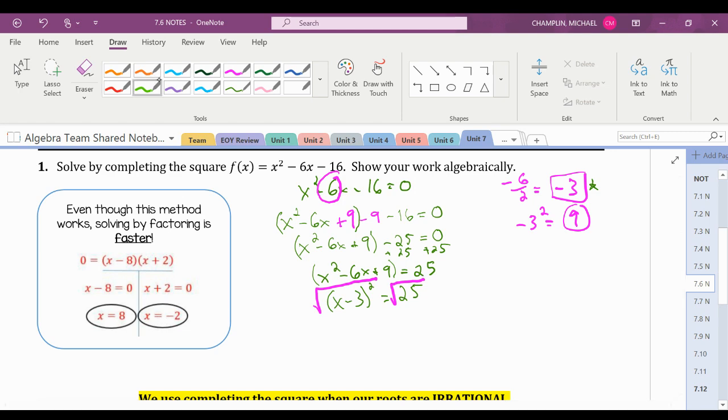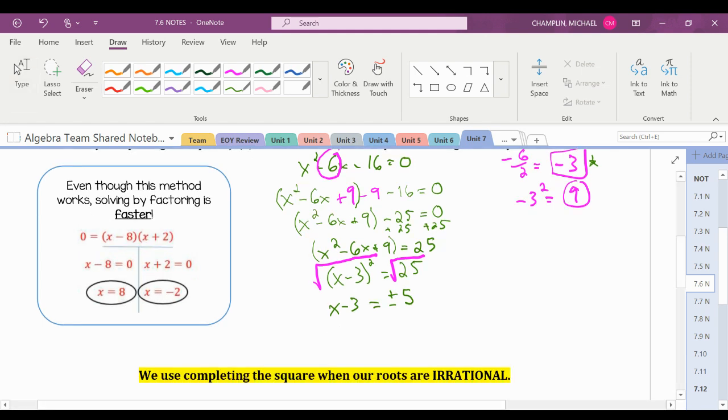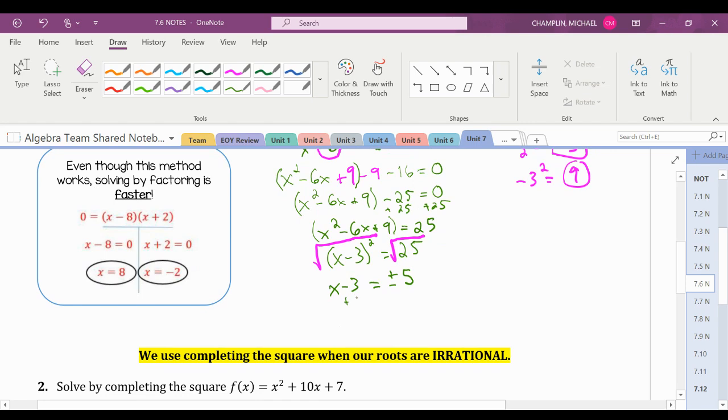So when I complete that square, I get x minus 3, because that's the opposite operation, equals plus or minus 5, because we don't know if it's 5 times 5 equals 25 or if it's negative 5 times negative 5 equals 25. So I put the little symbol plus or minus 5, and now we have x minus 3 equals plus or minus 5.